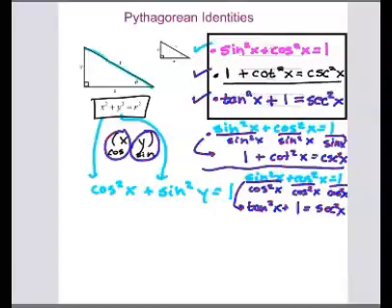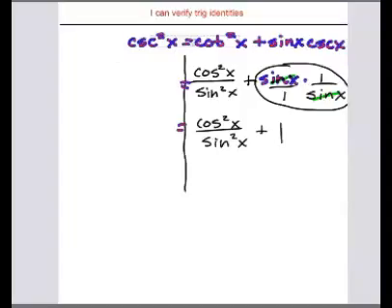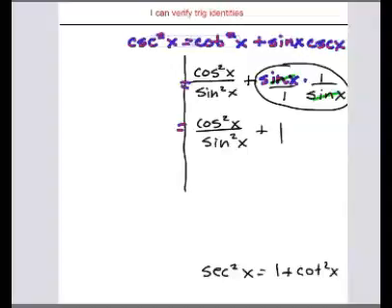So I'm going to just write that down. 1 plus cotangent squared equals cosecant squared. That was the one we were just looking at.